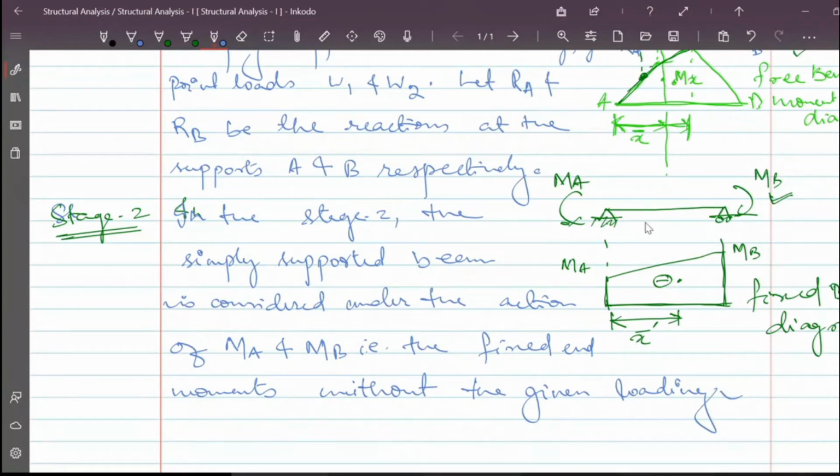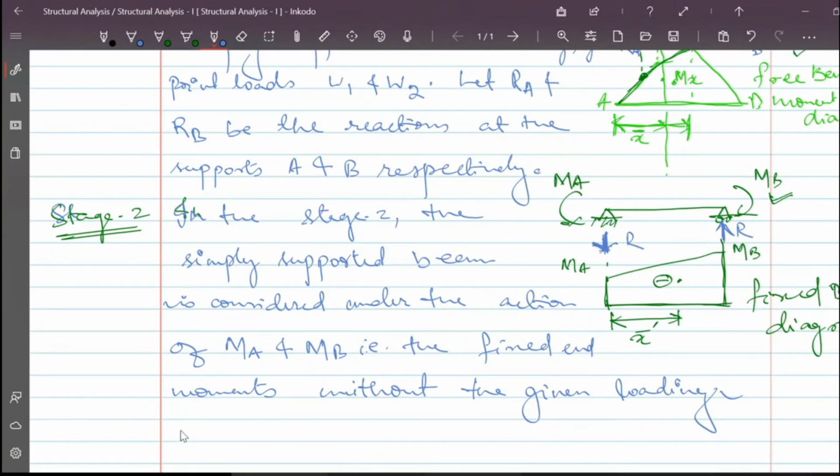Now, apart from that, since these are the supports, here there will definitely be reactions due to these moments. So let us say that reaction is R, in this direction, and another reaction is in this direction. We are assuming it.